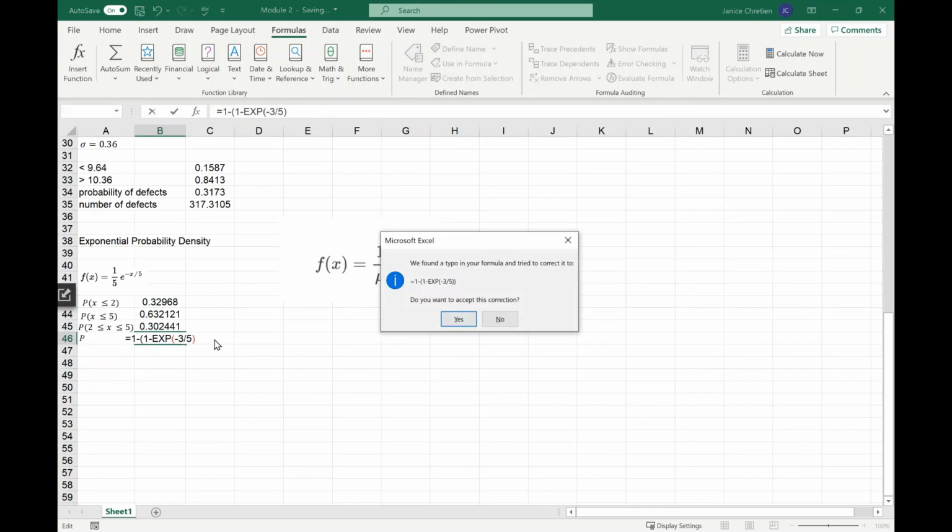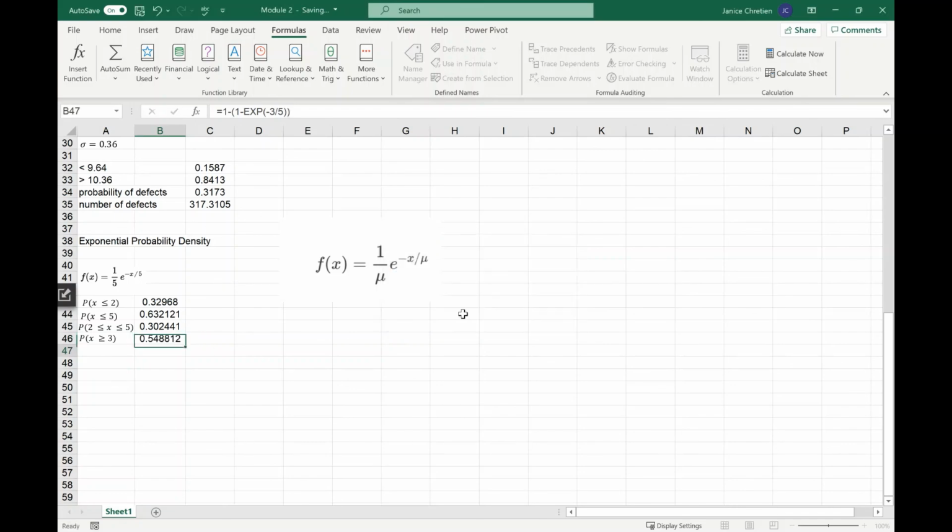I needed 2 parentheses at the end, but it'll fix it for me. So that one was a little bit different. I put 1 minus in front of the whole equation that I used up here to get the value.